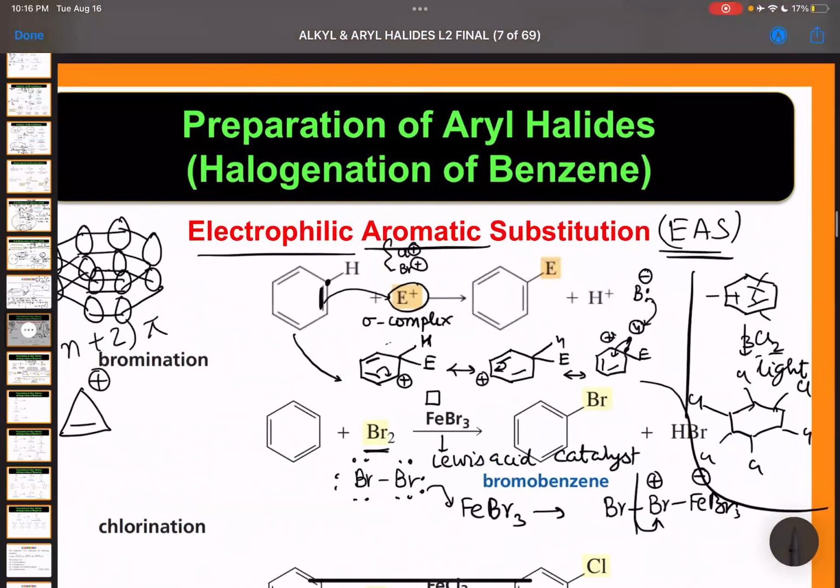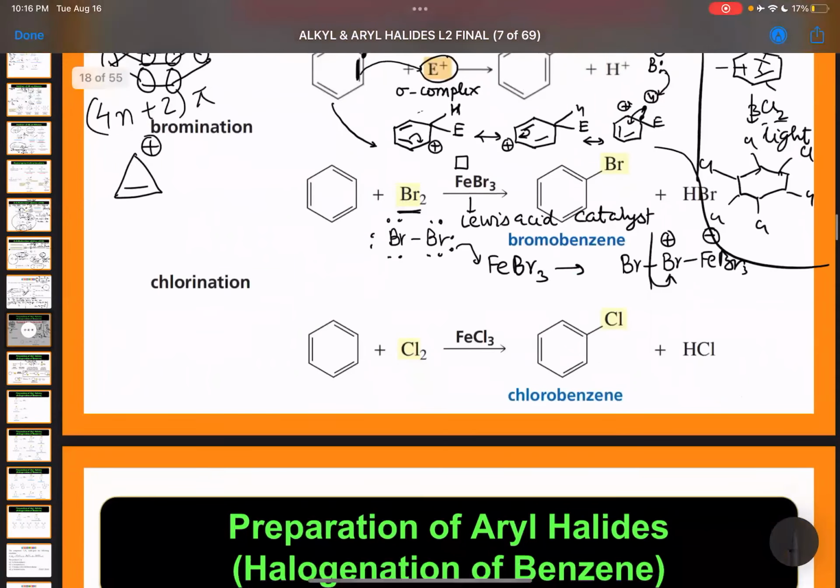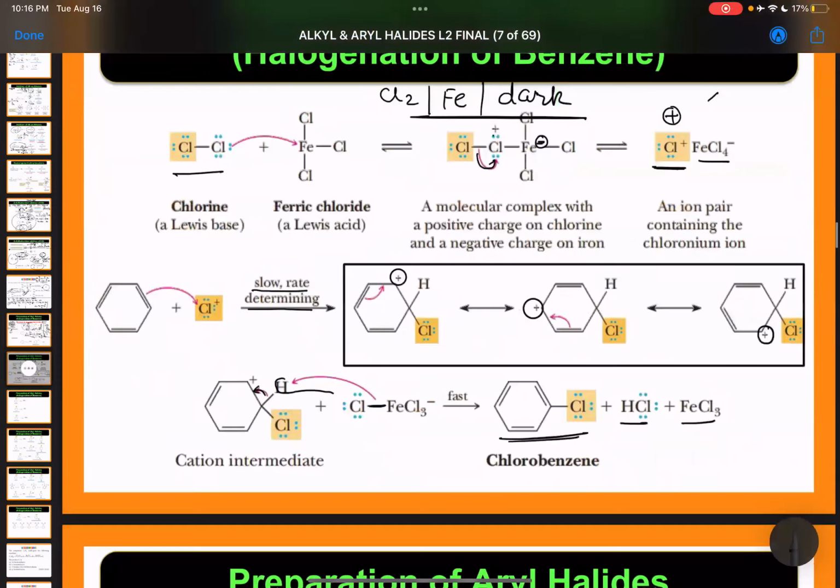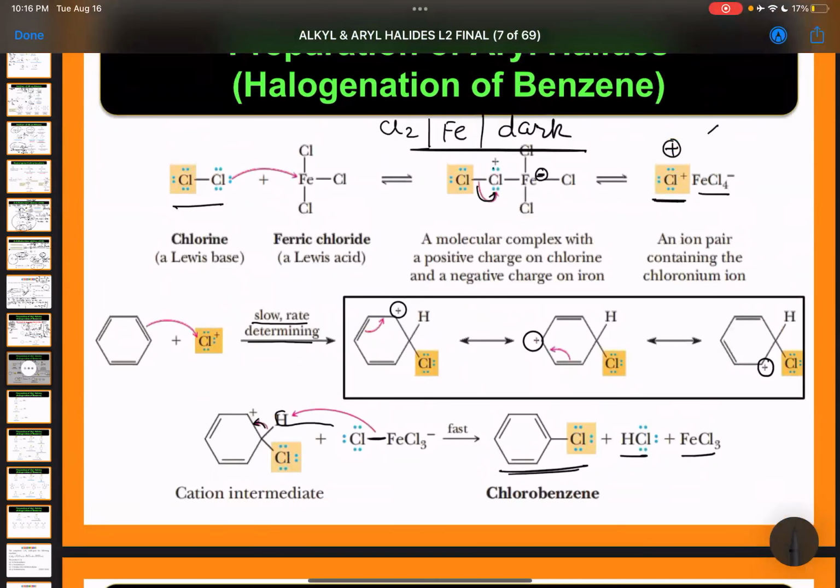But if you want to attach only one Cl or one Br, you need to carry out the substitution, and that substitution is carried out by taking Cl2 along with Lewis acid, which helps in breaking of the Cl-Cl bond in a way such that Cl plus comes out. Cl plus is the active species, which is an electrophile. It comes and attacks the benzene ring, okay, and it forms a sigma complex, and from the benzene ring H plus is removed, and the Cl will continue to remain, and that's how you have chlorobenzene.